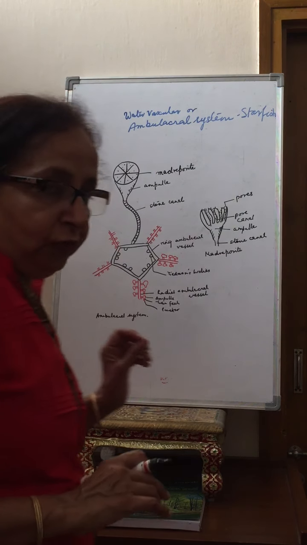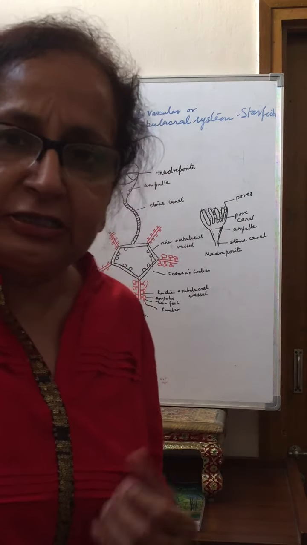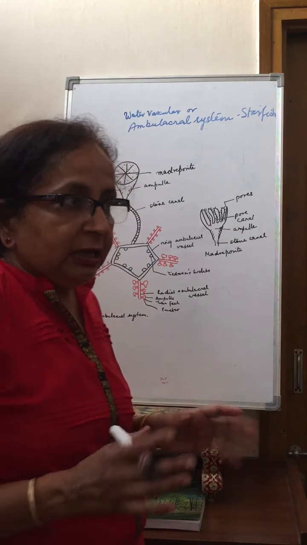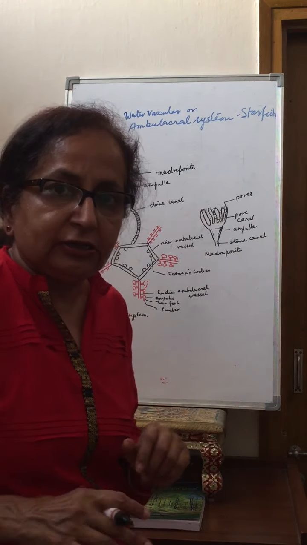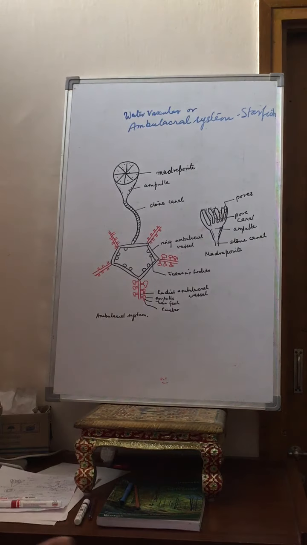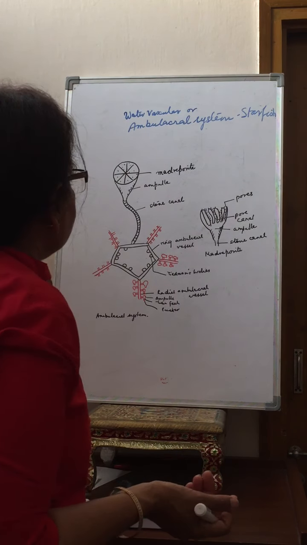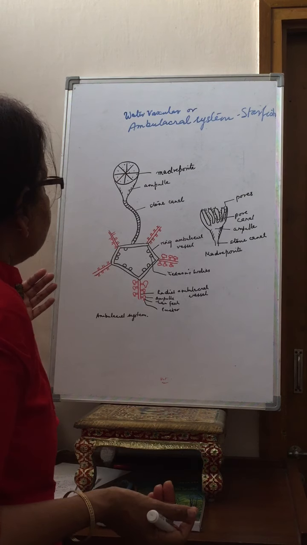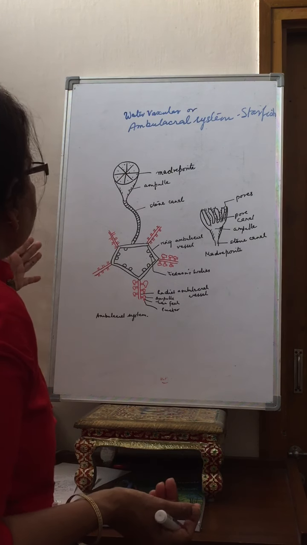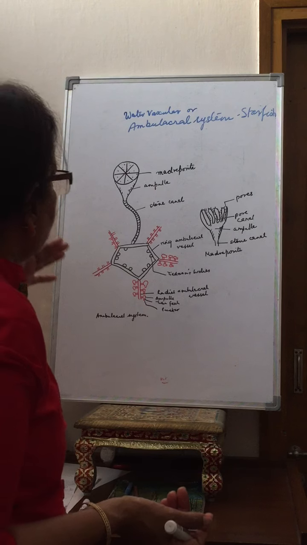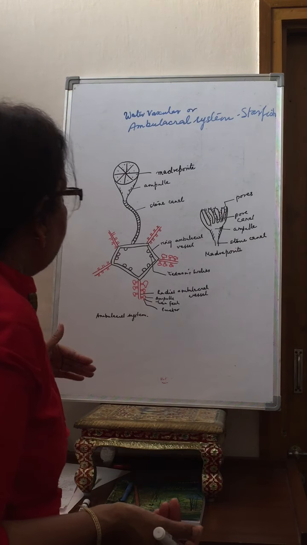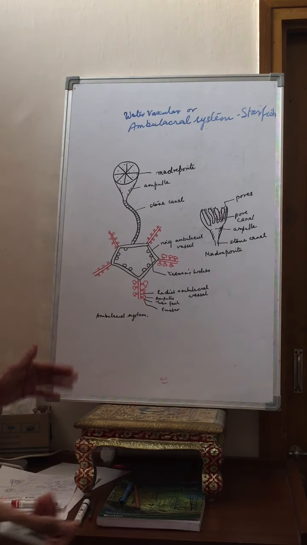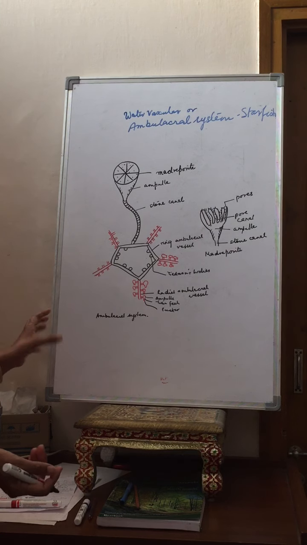It has got fluid in it which has the consistency of seawater. This fluid keeps on moving through the stone canal, ring ambulacral vessel and radial ambulacral vessels, and then to the ampulla and the tube feet.